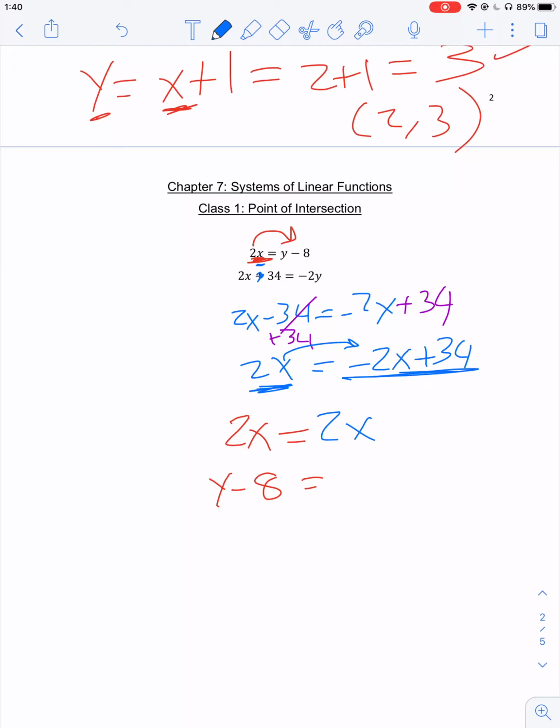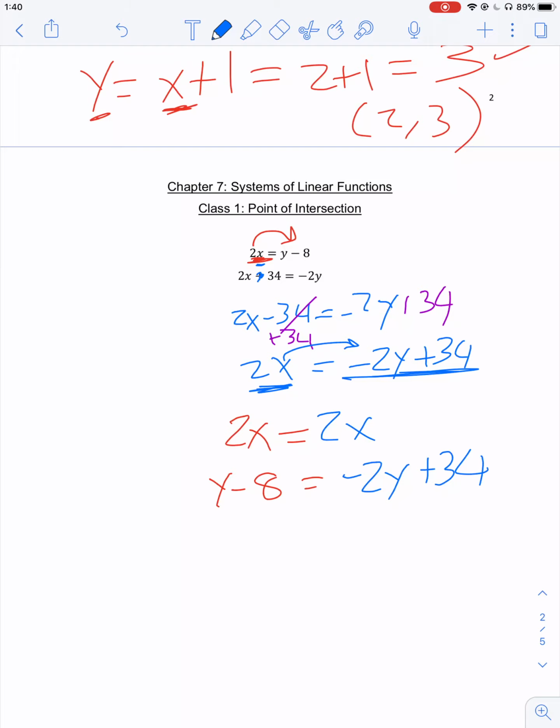Actually, this should be a y, so minus 2y. Let me just clean that up for you. So y minus 8 equals minus 2y plus 34.